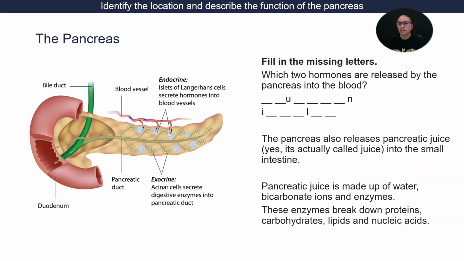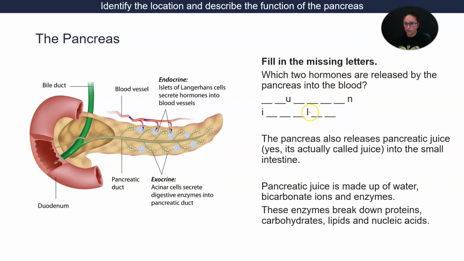Okay, so let's have a look at the pancreas. Again, we've seen the pancreas before when we looked at the endocrine system, because remember, the pancreas makes hormones that go into your bloodstream. And which hormones were these? Which 2 hormones are released by the pancreas into the blood?